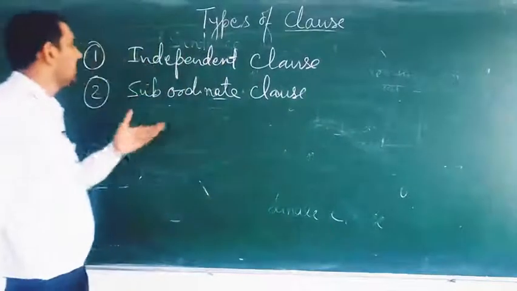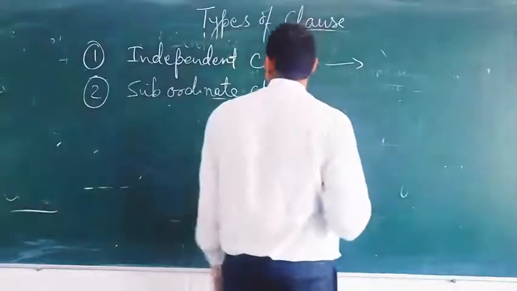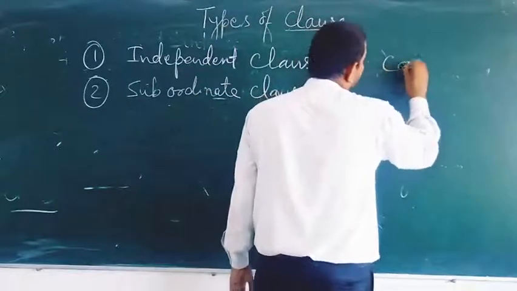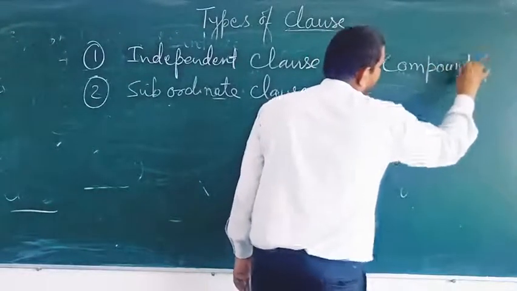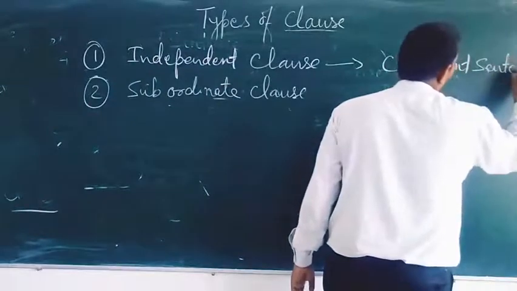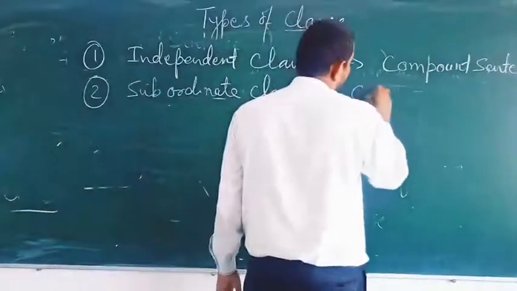As we have learned earlier, independent clauses can be found in a compound sentence, and subordinate clauses are found in a complex sentence.